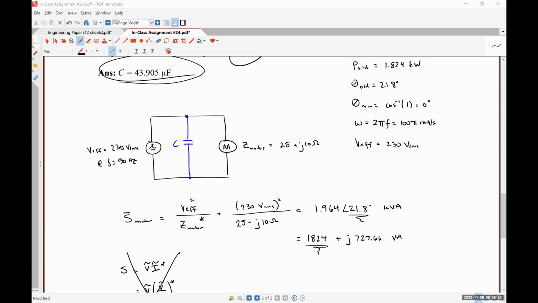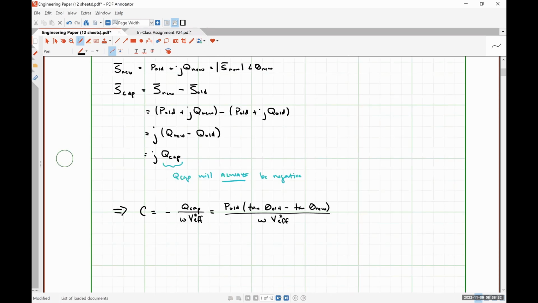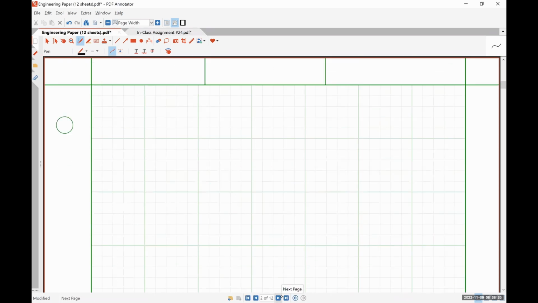Okay, so I'm going to write down the circuit and the critical pieces of information. So we have some voltage source.